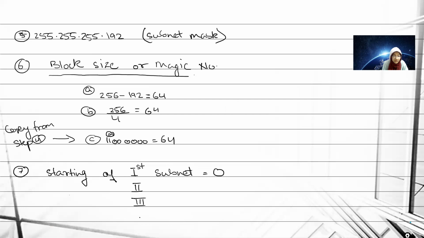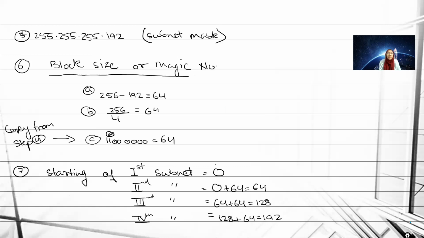Again, step 7. 0 plus 64, I'm telling how these are coming up. 64 plus 64 is 128. 128 plus 64, we got 192.